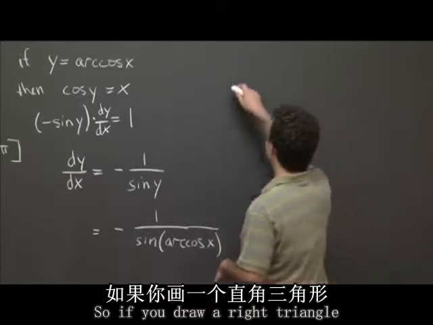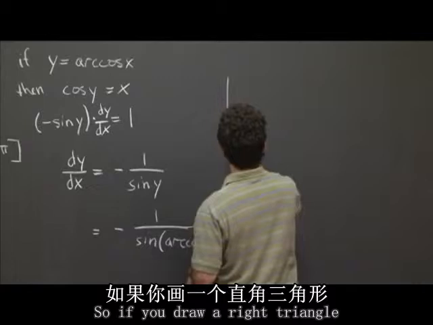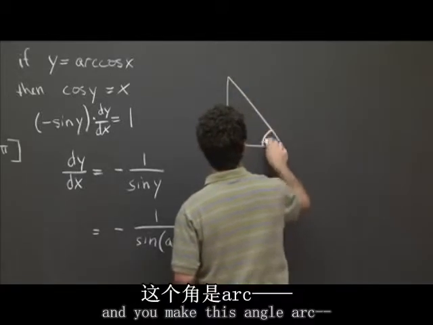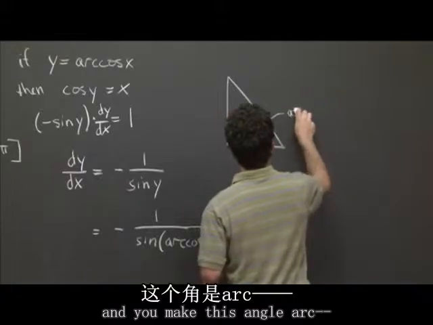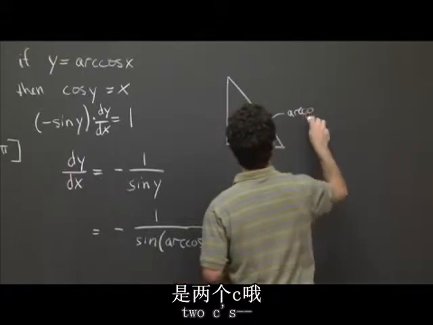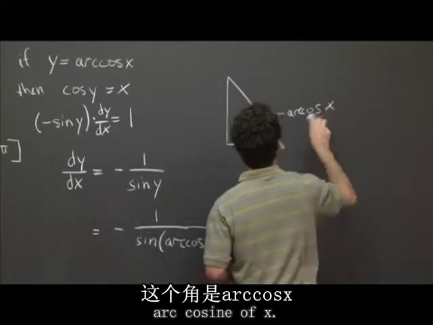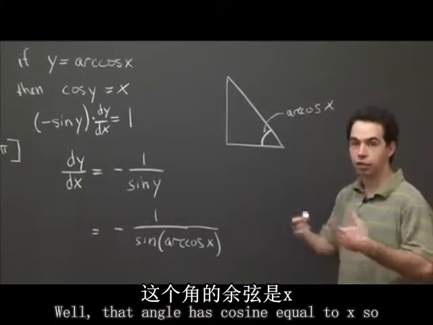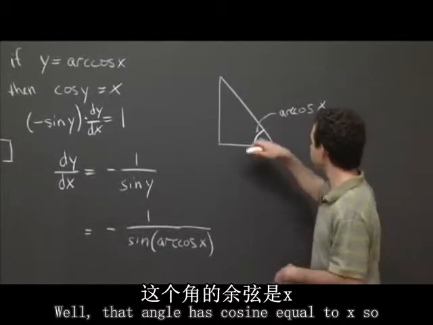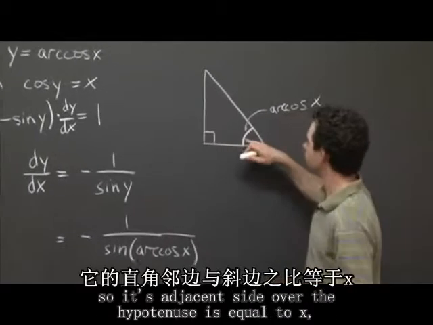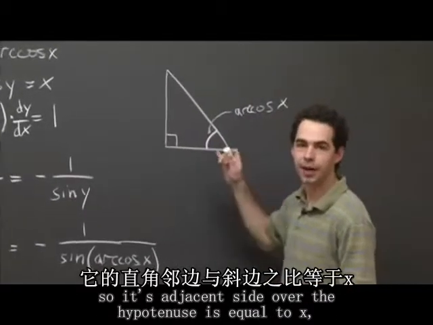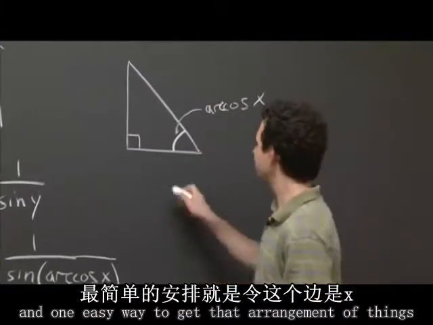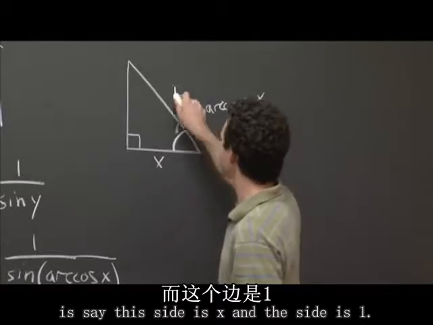So if you draw a right triangle and you make this angle arc cosine of x, well, that angle has cosine equal to x. So it's adjacent side over the hypotenuse is equal to x. And one easy way to get that arrangement of things is if this side is x and this side is 1.